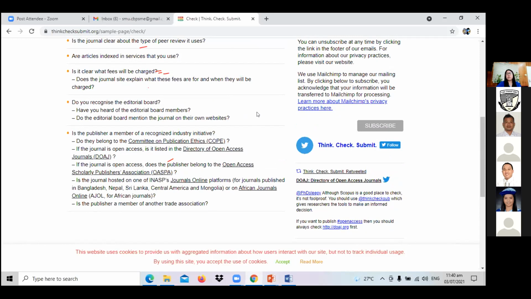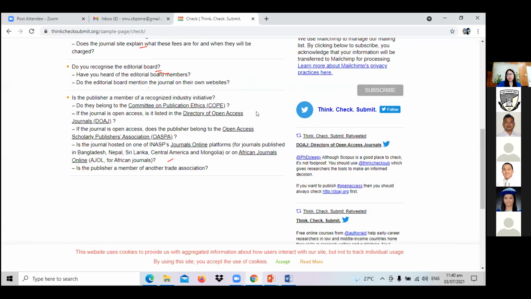The majority is twice a year. So it's very rare that you can find journals who can publish once every month. If it can publish every month, it also seems to question its quality. So why can they do that so fast?